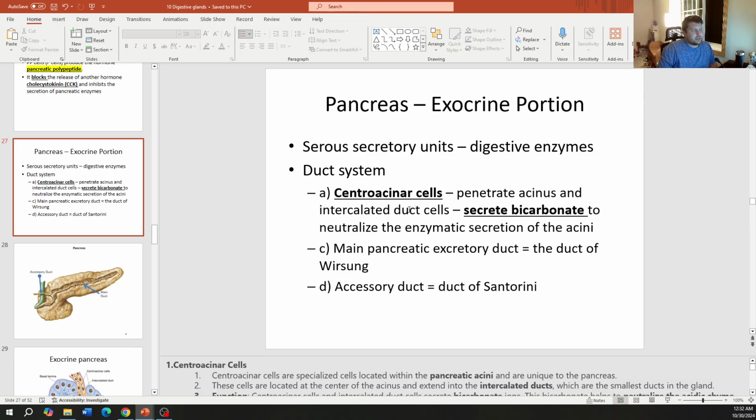There's more to it there, but I want to make sure in Physiology 2, you dive deeper into all of this again. So I'm going to leave it at that for now.